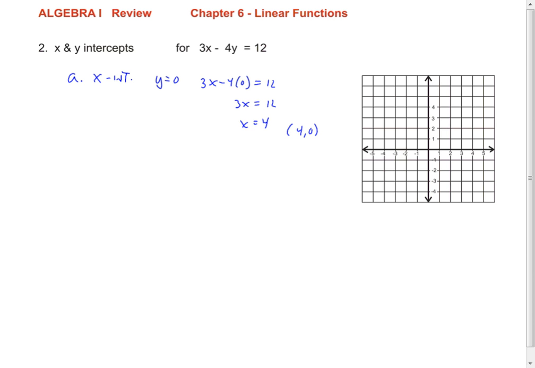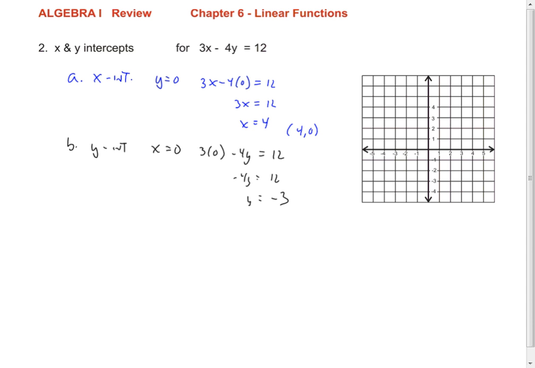For the y-intercept, every y-intercept, the x-coordinate is 0. So this time we're going to set the x-coordinate equal to 0. We end up with negative 4y equals 12 and y equals negative 3.